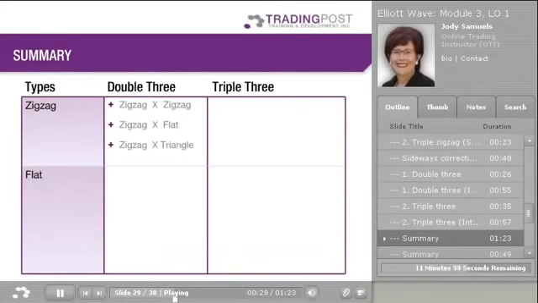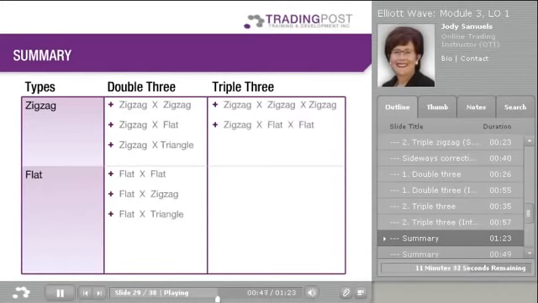Possible flat double three combinations are flat-flat, flat-zigzag, and flat-triangle. Possible zigzag triple three combinations are zigzag-zigzag-zigzag, zigzag-flat-flat, zigzag-zigzag-flat, zigzag-flat-triangle.